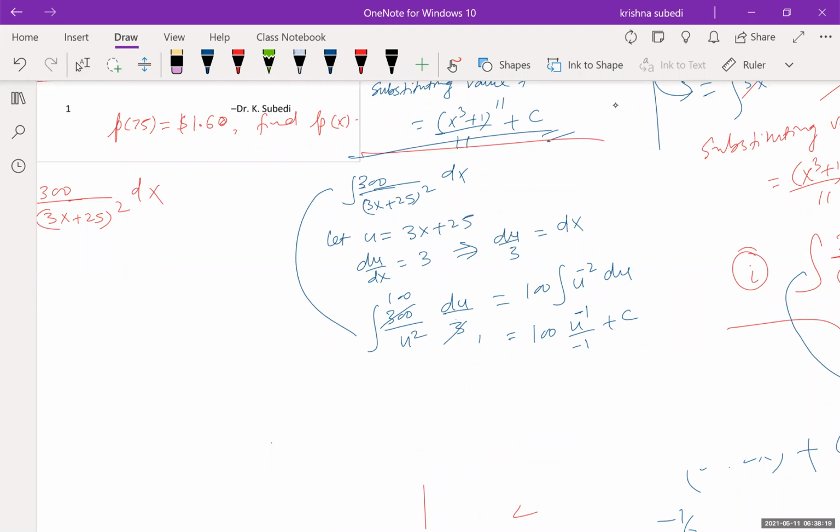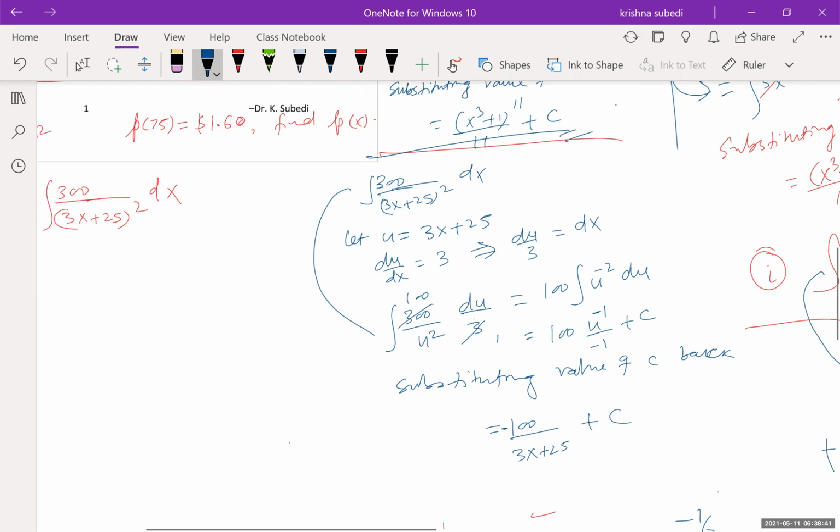So this will be negative 100 over u, meaning 3x plus 25, plus c.